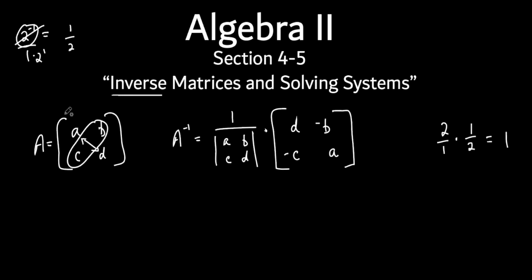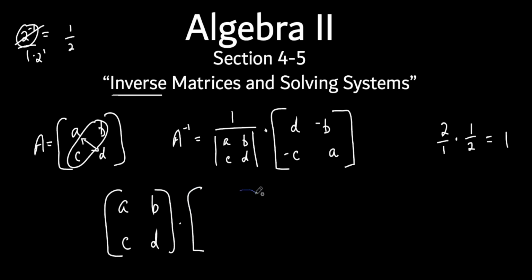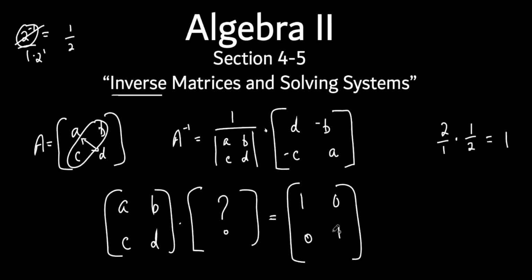But if you look in the book, this AB, watch, A, B, C, D. What do I have to multiply by in order for the product to be a 1, or what? 1, 0, 0, 1. Remember, what do we call that? Identity matrix, right? Identity matrix is kind of like a 1, right? So what do I multiply this by in order to get this? This right here.